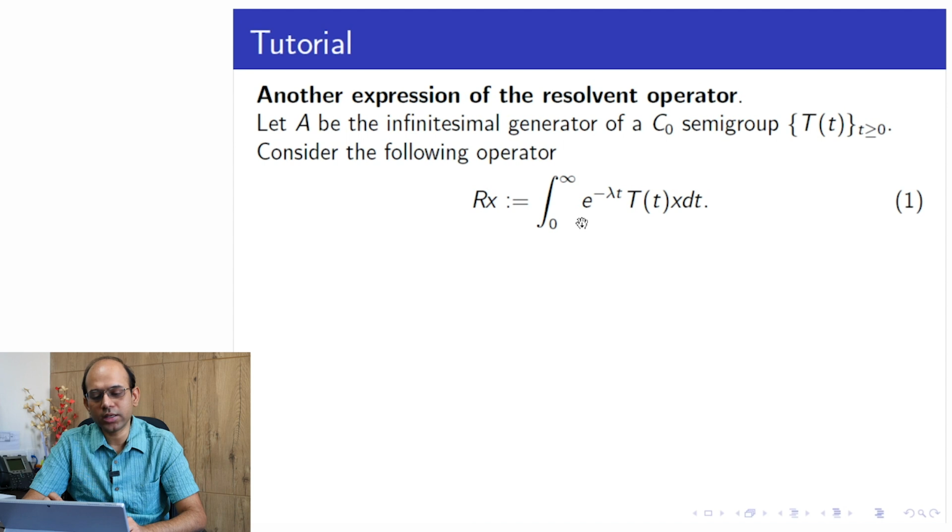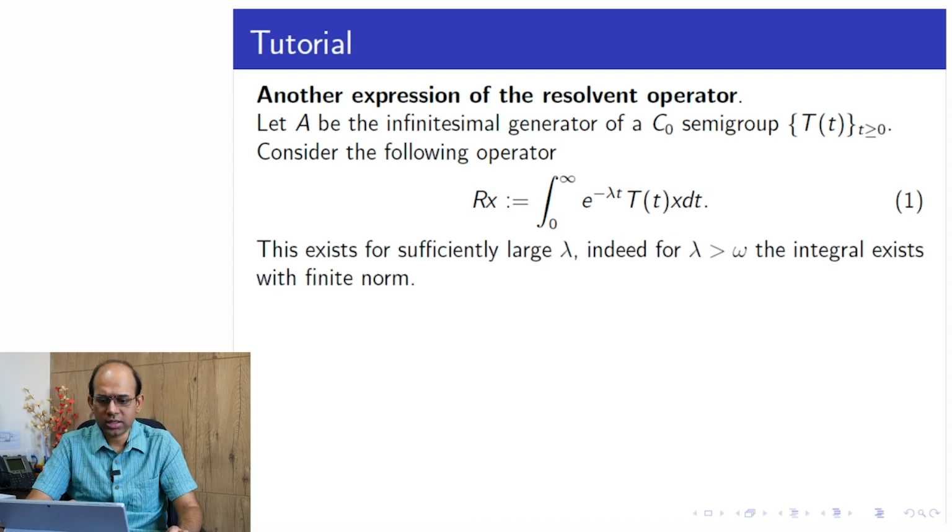However, the question arises, why should this integration exist? It exists for sufficiently large lambda. Why is it so? Because when we consider a C0 semigroup capital T, we have studied the growth property of capital T. There is one lecture dedicated to that. In that, we have seen that the norm of T(t) can be upper bounded by one exponential function.